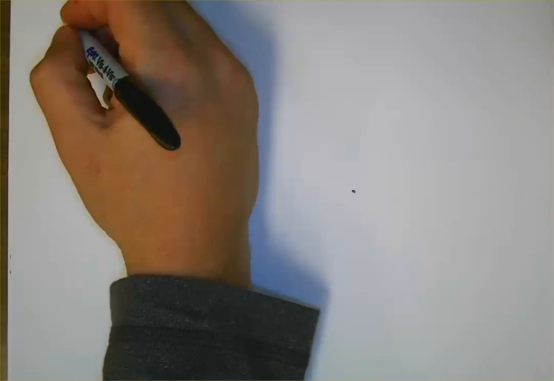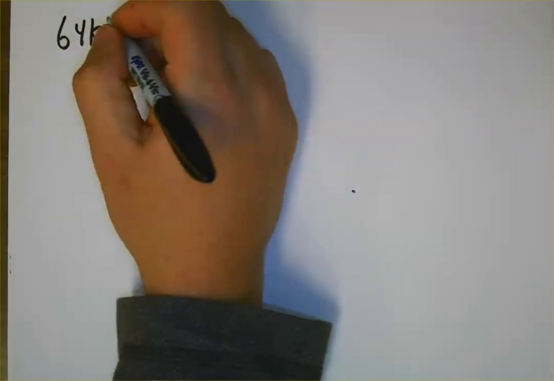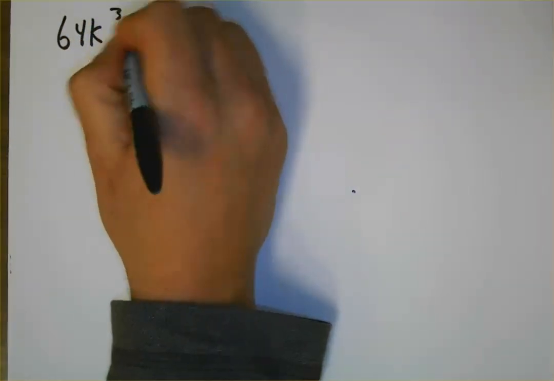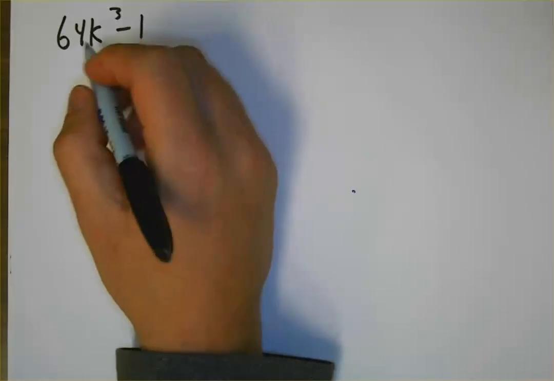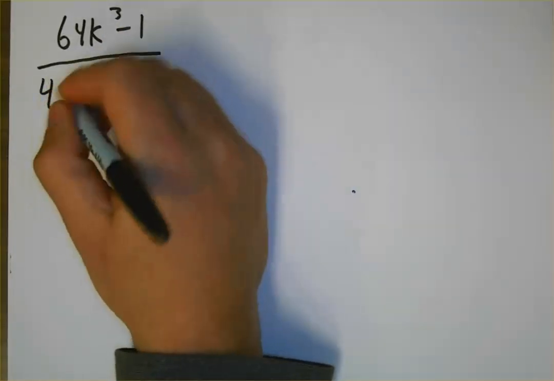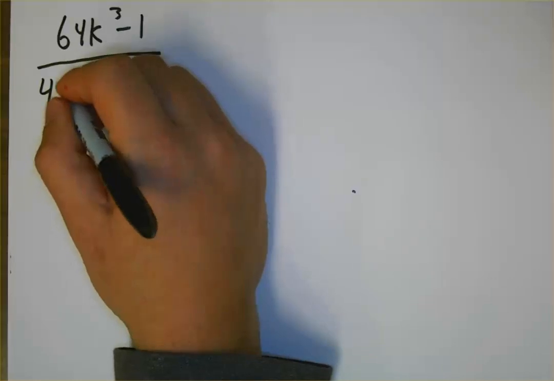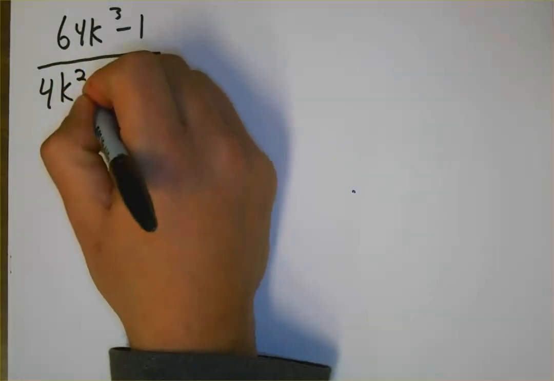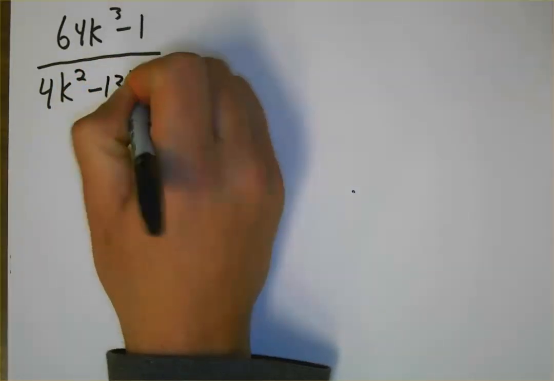Let's take a look at one. How about 64k cubed minus 1 over 4k squared minus 13k plus 13.